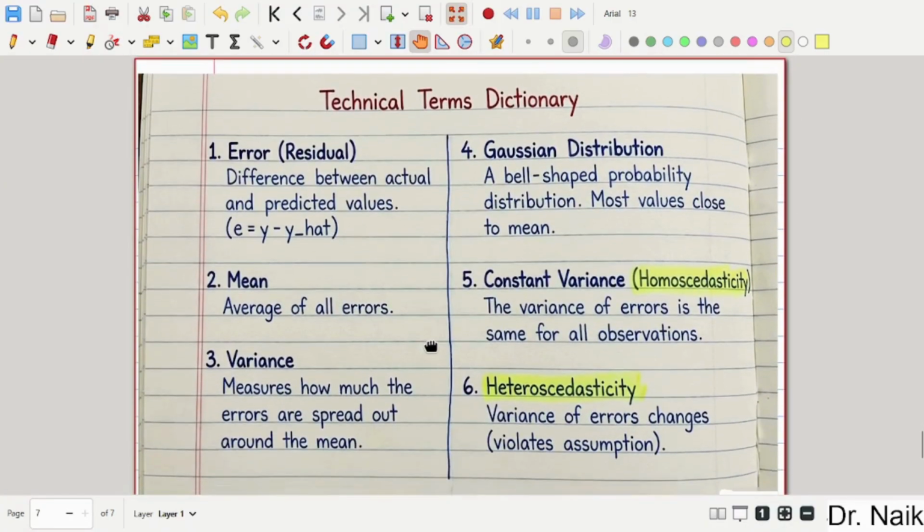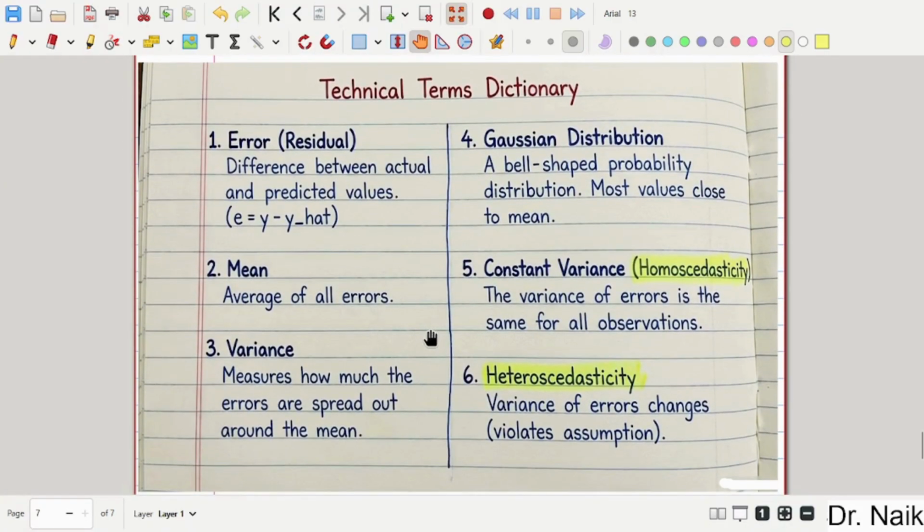Let's summarize today's lecture. Error is the difference between the actual and the predicted values, that is E is equal to y minus y hat, and error follows the Gaussian distribution or the normal distribution. A Gaussian distribution is a bell-shaped probability distribution where most of the values are close to the mean, that is, most of the errors lie close to the mean.